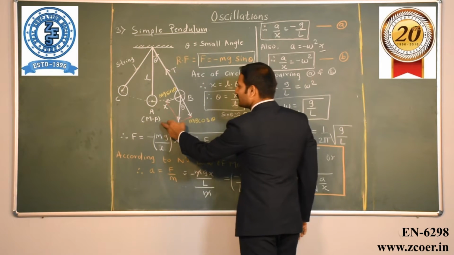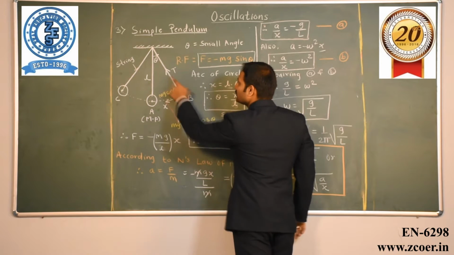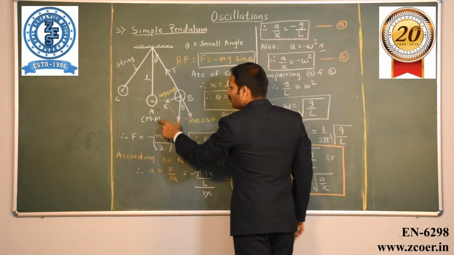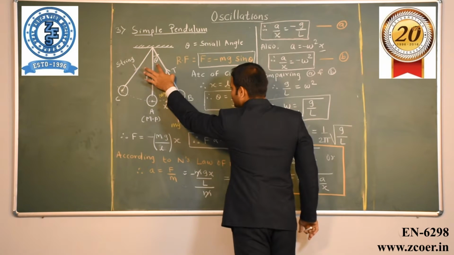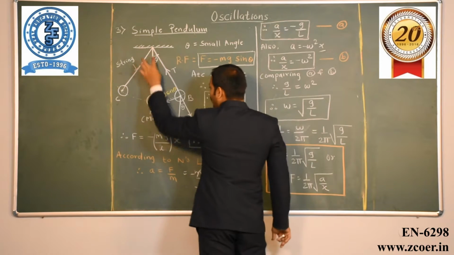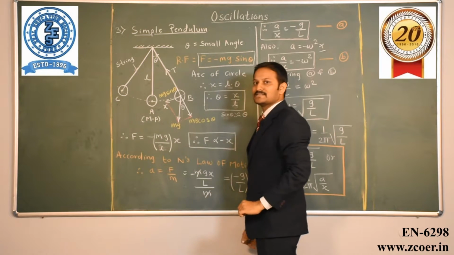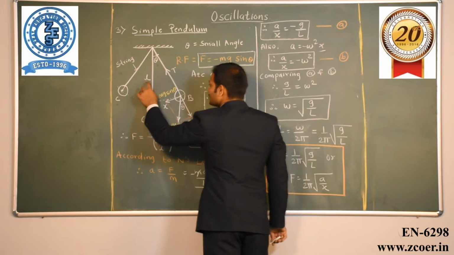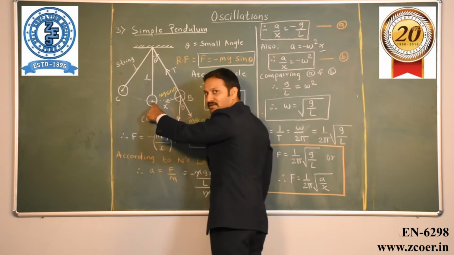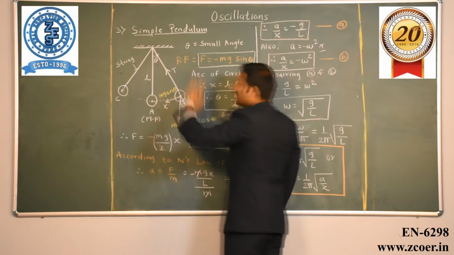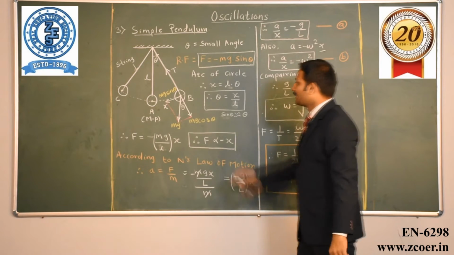Initially, I am providing a certain amount of displacement through an angle theta. So, this mass will move in anticlockwise direction through angle theta. The length of that particular string is small l. The distance L is nothing but the distance between the CG of that particular sphere and the suspended part.